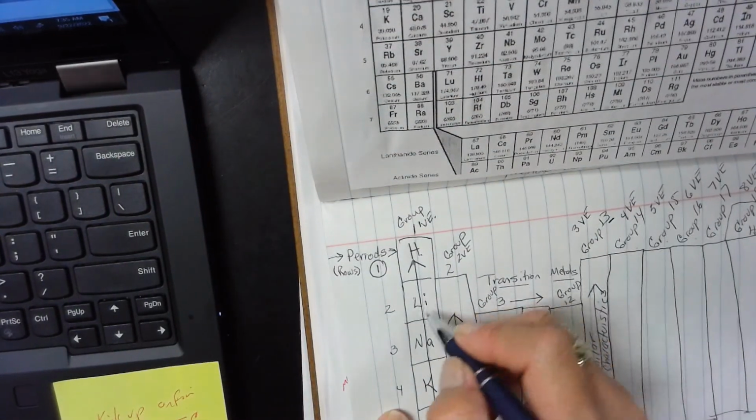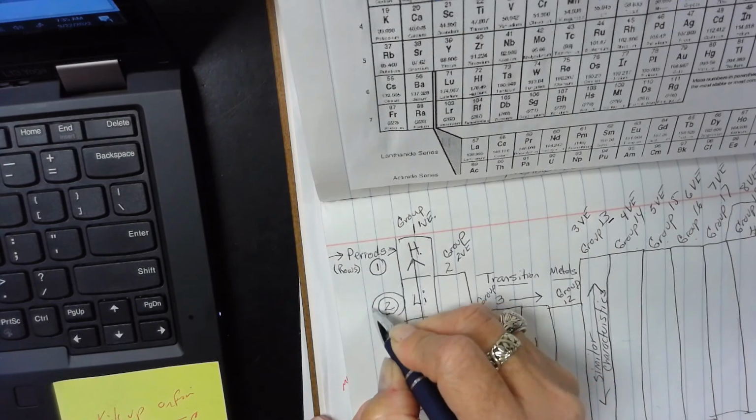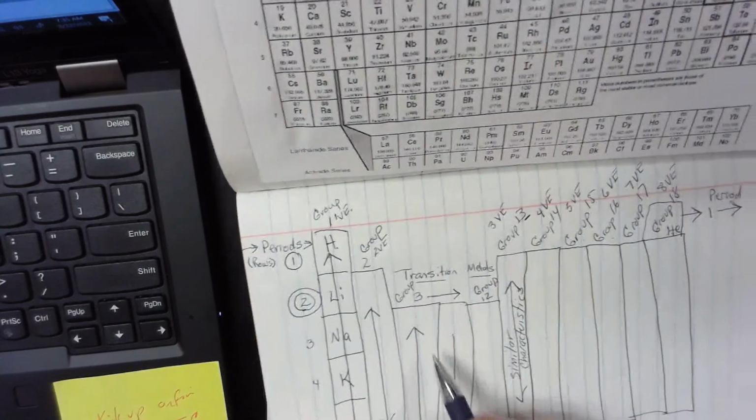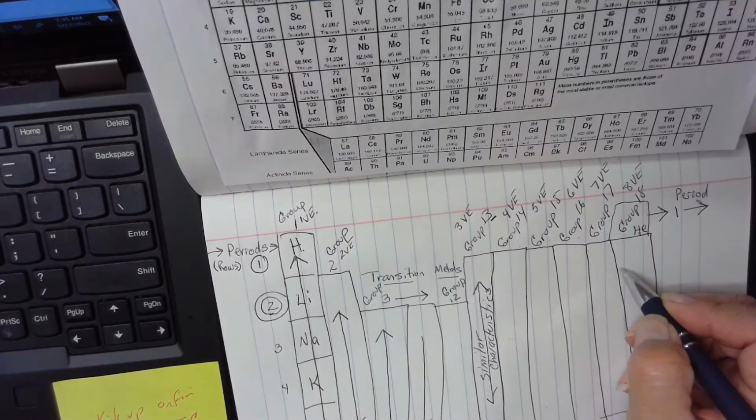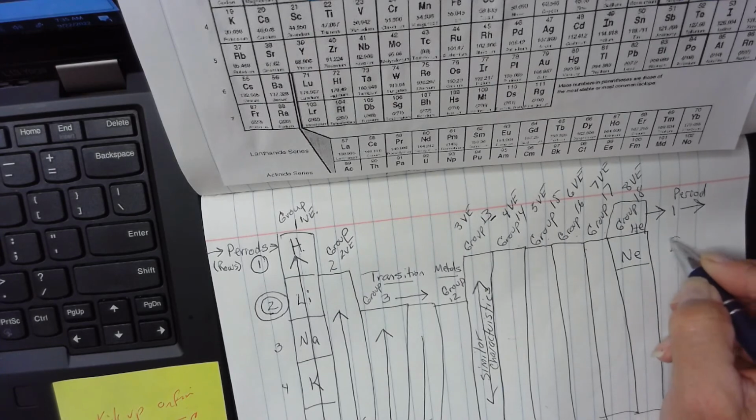And if you looked, lithium has 2 energy levels. So lithium, and then over here, neon, right, would have had 2 energy levels.